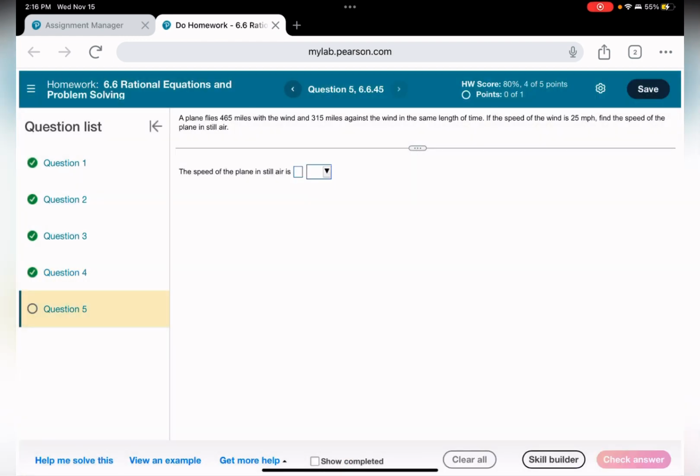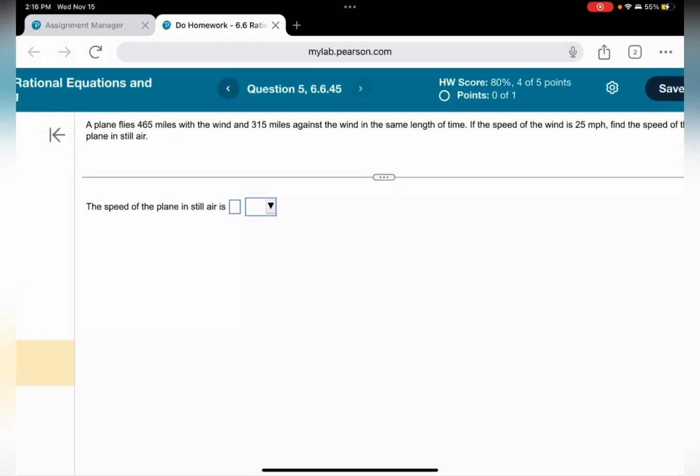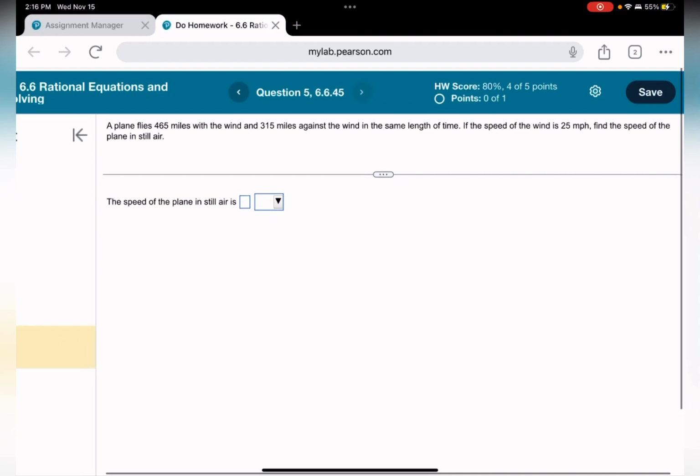Very good. Next one, the last one. This is the same thing. You will be able to do it, right? I'll tell you real quick what we have. 465 miles with the wind, and 315 against the wind. The speed of the wind is 25.